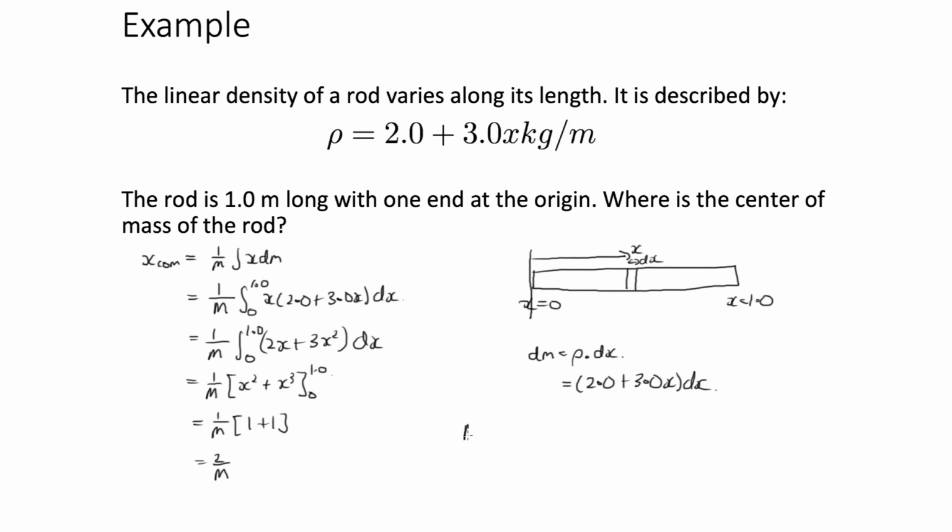So the total mass of the object we get by just summing up each of the little incremental masses, so the dm's. So to do that, we need to integrate over all of dm.